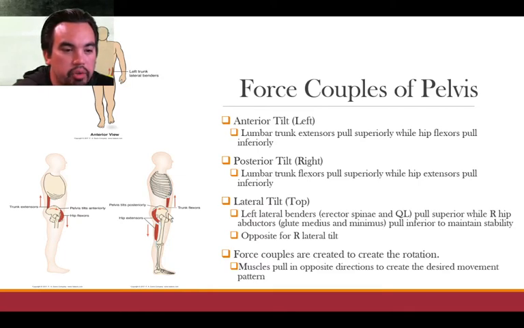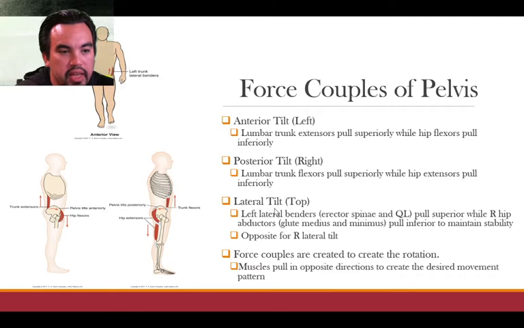Then we look right and we look at this posterior tilt. What causes that? So typically we get tight trunk flexors, or the trunk flexors are contracting and shortening, pulling the anterior pelvis up, while the hip extensors, the glutes and the hamstrings, pull the posterior portion of the pelvis down inferiorly, thus causing a posterior rotation of that iliac crest.